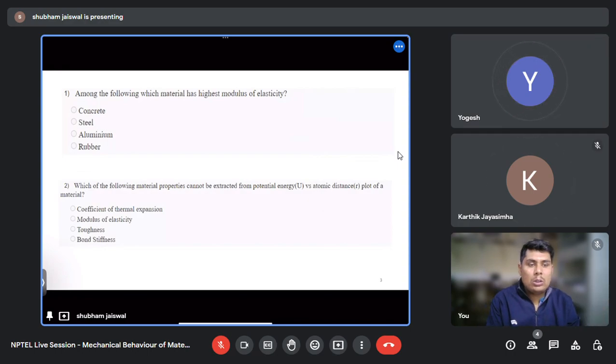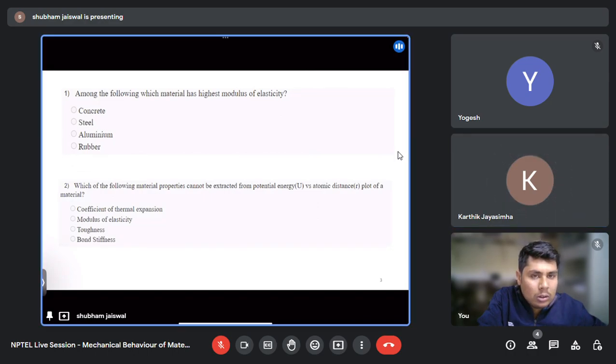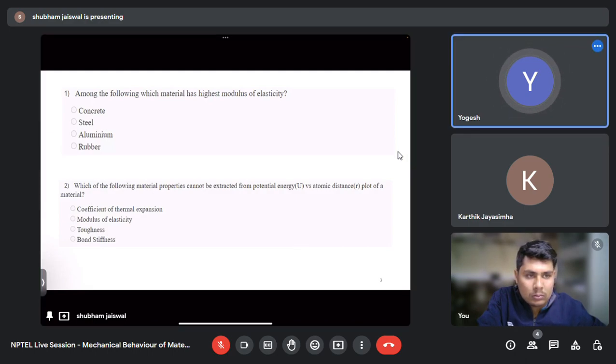So can anybody tell, among the following, which material has the highest modulus of elasticity? Steel, sir. Steel. And why is it so? Because of the stronger bond.